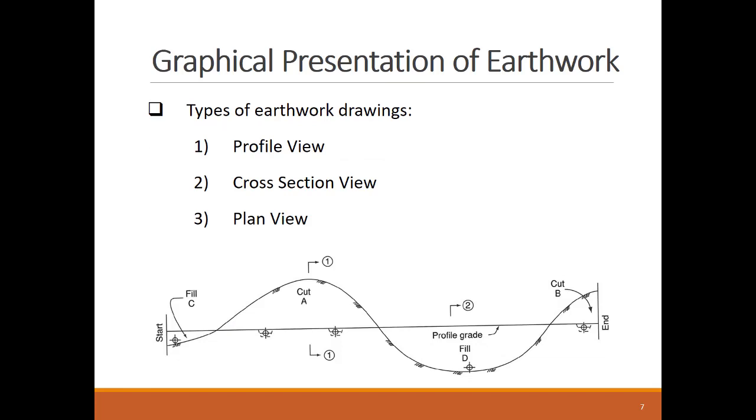There are three types of earthwork drawings. The first is the profile view, which shows the elevations across the length of the project. The differences between the existing grade and the final grade indicate the areas of major soil cut and fill.